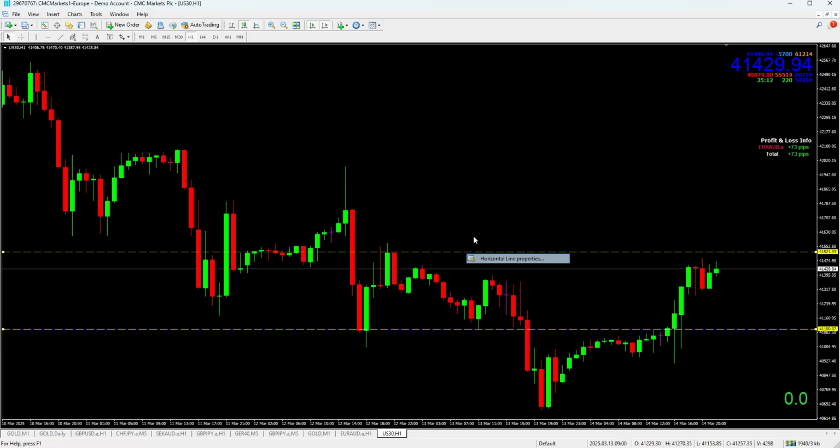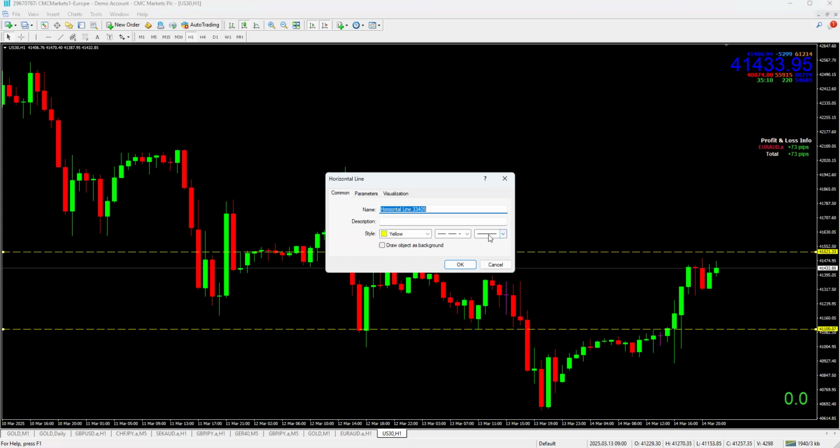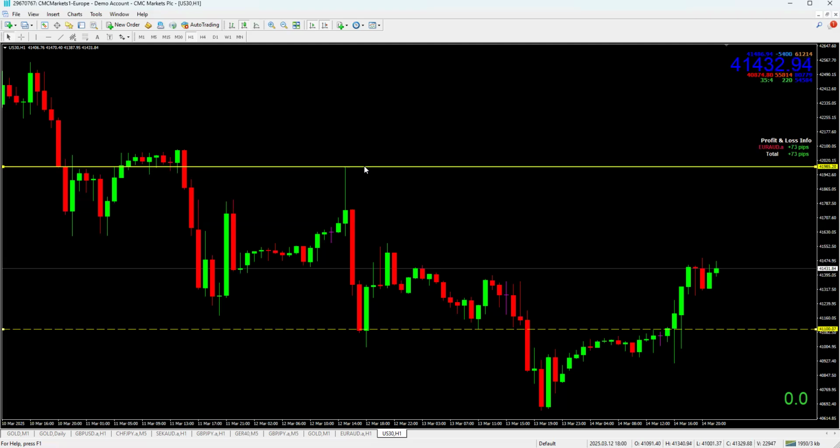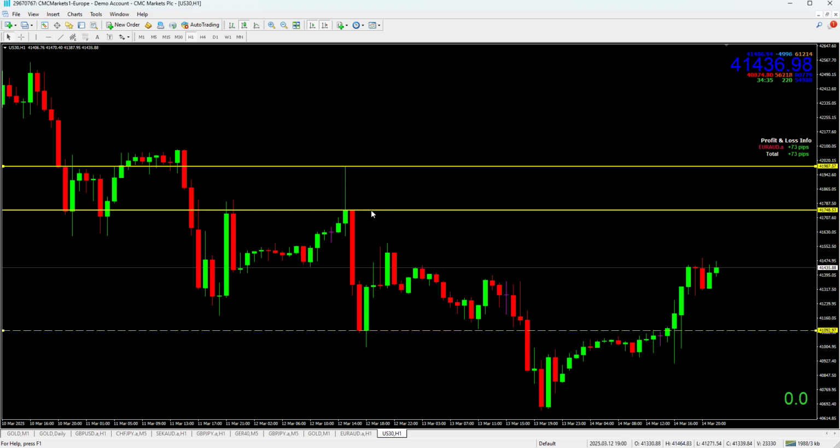If you are considering the very end of the highest candle, including the wick, that is structure. But if you are considering the body of the candle, not the wick, that would be support. In this case, it will be resistance, and this will be support.